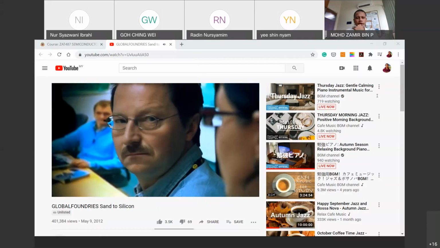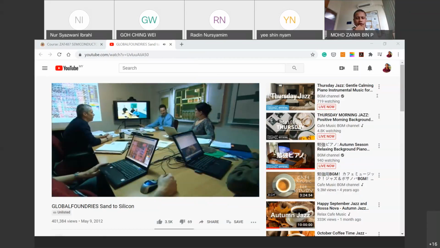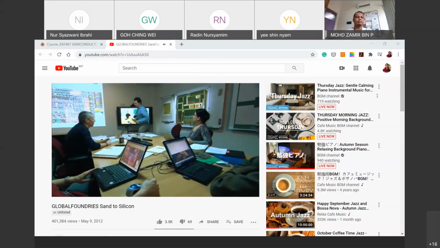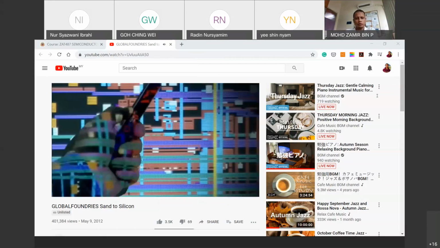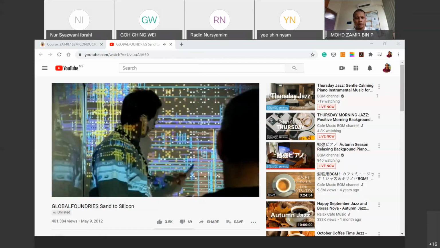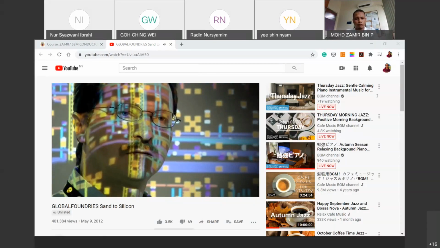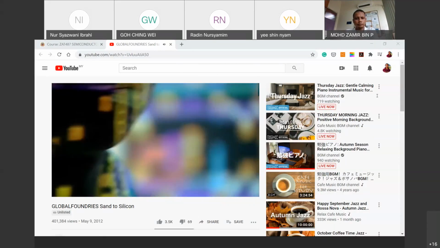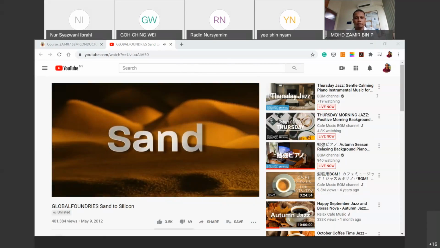So this one, it says the circuit diagram is firstly made, just like what we discussed yesterday, the IC design. So those are the circuits that's going to be fabricated later. Then it will be manufacturing.